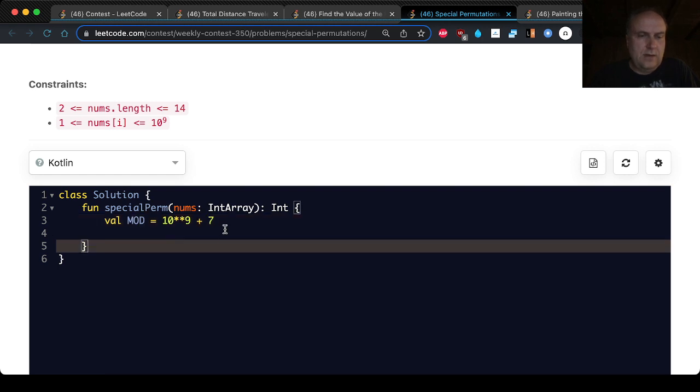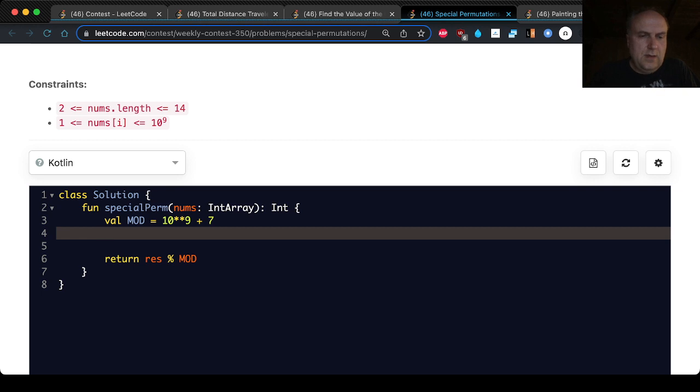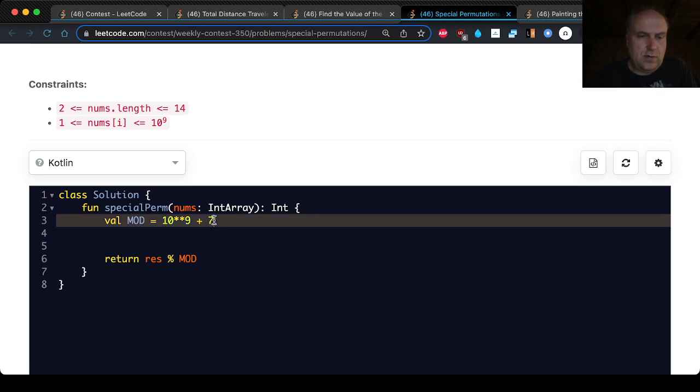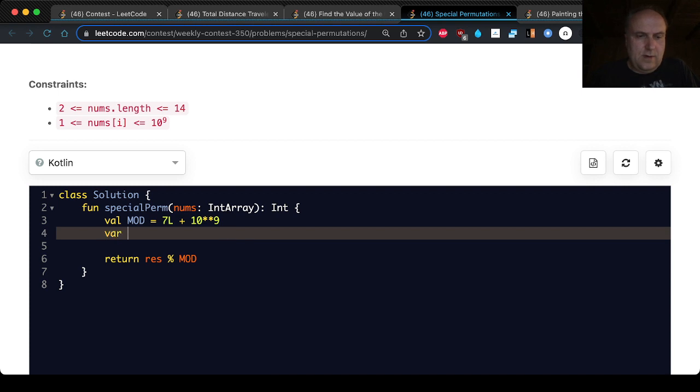Let's say return res, mod, it's the same, and it's going to be, let's do L something. 7L. Okay. Now we do var price equals 0.